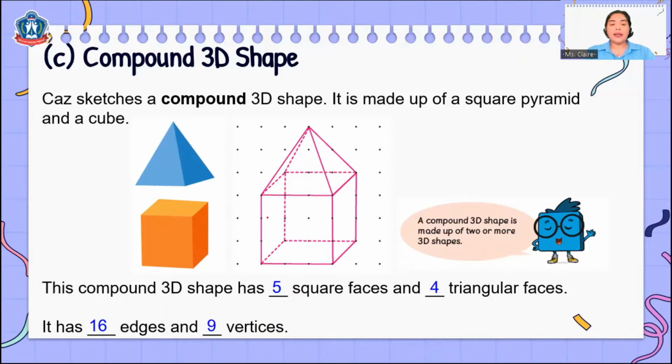So, the edges: 1, 2, 3, 4, then 5, 6, 7, 8, 9, 10, 11, 12, 13, 14, 15, 16. And it has 9 vertices: 1, 2, 3, 4, 5, 6, 7, 8, 9.